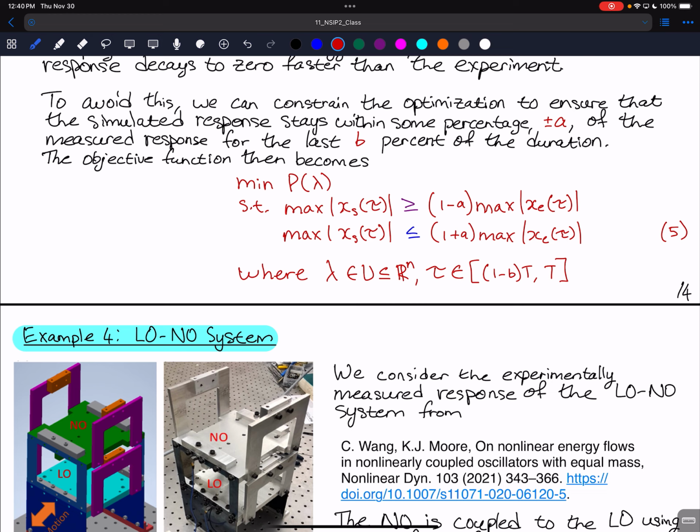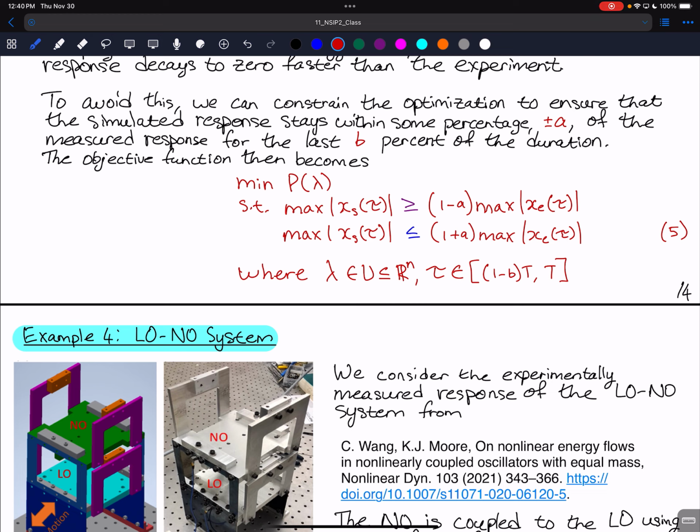so the last 20% of the signal, where we would expect it to have the lowest amplitude due to just damping out in a transient response. Okay, so that first constraint says, let's just give a number, if a is 0.3, then the maximum value of our simulated signal needs to be at least equal to 70% of the maximum value of the experimental signal in that last 20%, or b%, of the response.